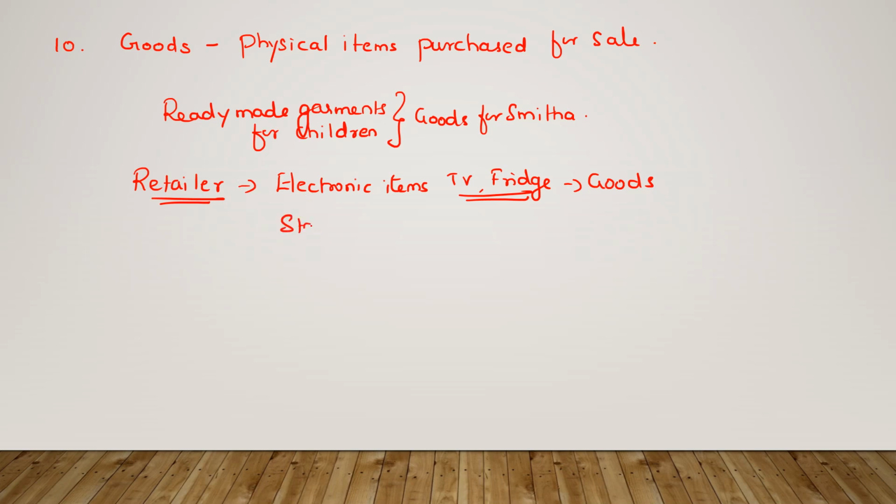If it was a stationery shop, then the stationery items are goods for the stationer, the person who is carrying on the business of a stationery shop. Those stationery items like books, pens, pencils, stapler, punch, files, whatever is being sold by him there, those items are the goods that are dealt with by him in the business.